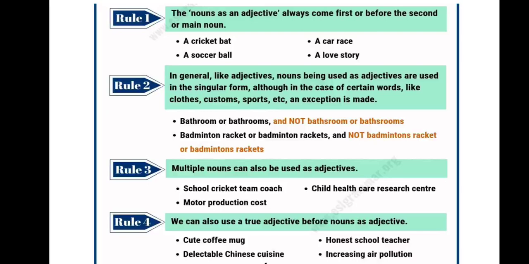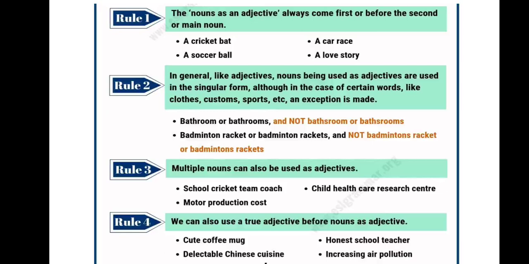Now the second rule: in general, like adjectives, nouns being used as adjectives are used in the singular form. Okay, children, although in the case of certain words like clothes, customs, sports, etc., they all come under exceptional cases. Okay, let's see the example. Bathroom or bathrooms?